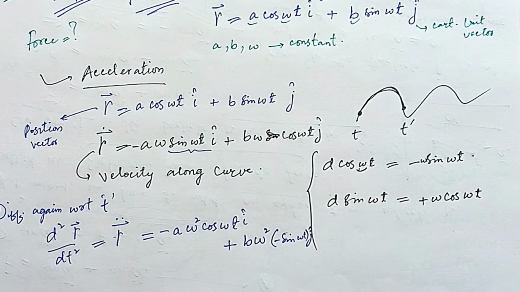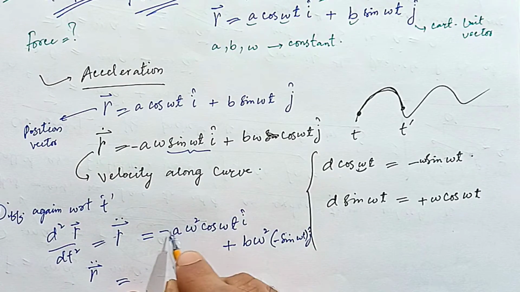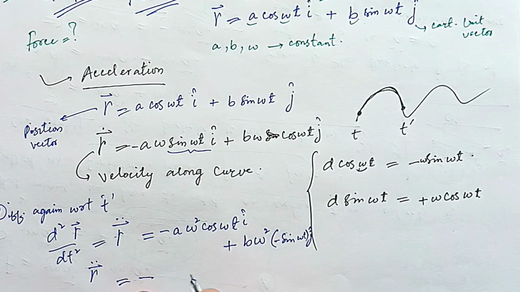Fine, so here we get r double dot equal to minus omega squared, keeping it outside.